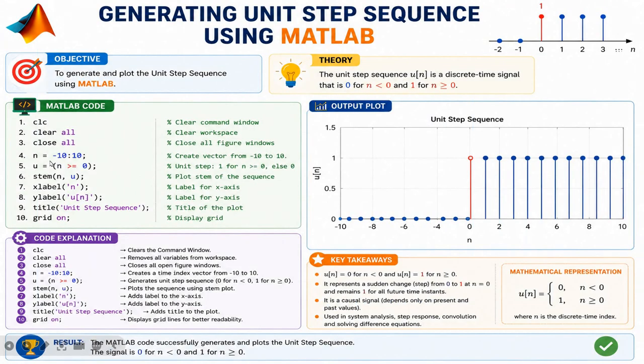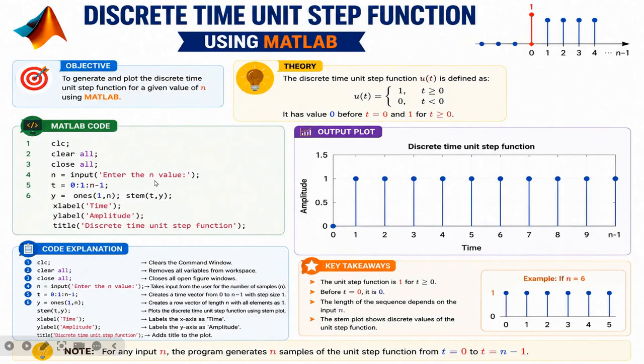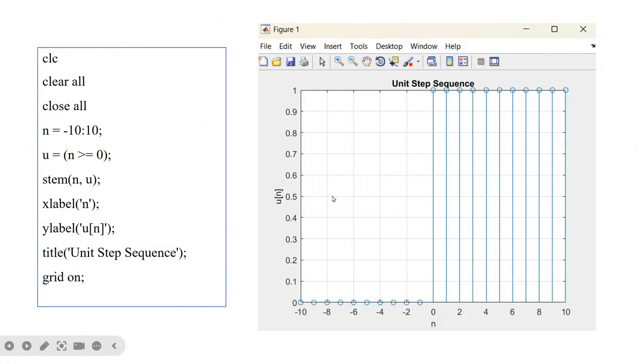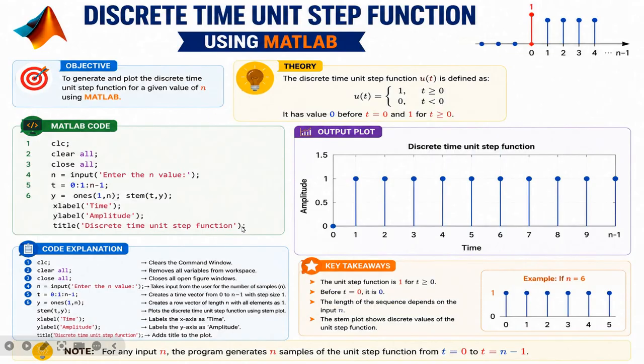Earlier we created a vector from -10 to 10, but in this MATLAB code it takes the input from the user for the number of samples. The samples range between -10 and +10, but here we will enter the value of n.